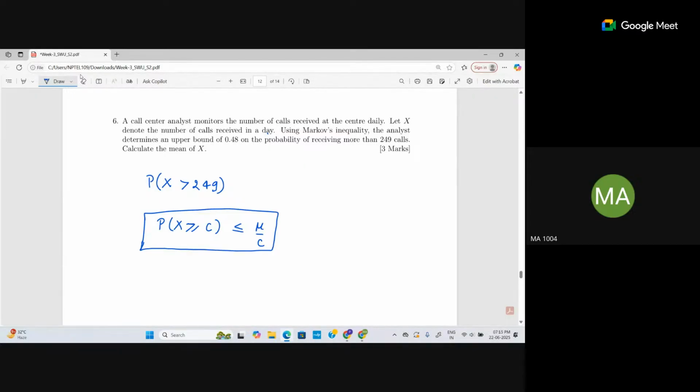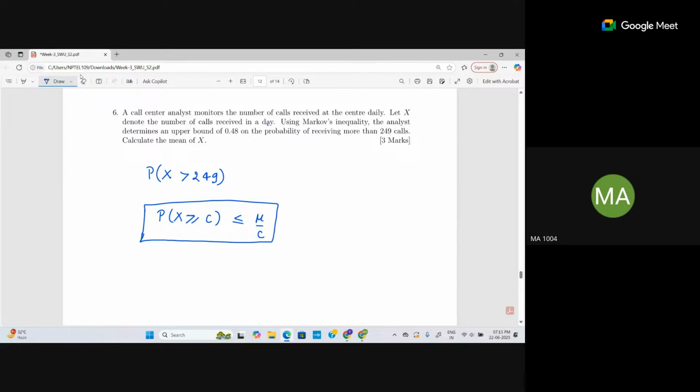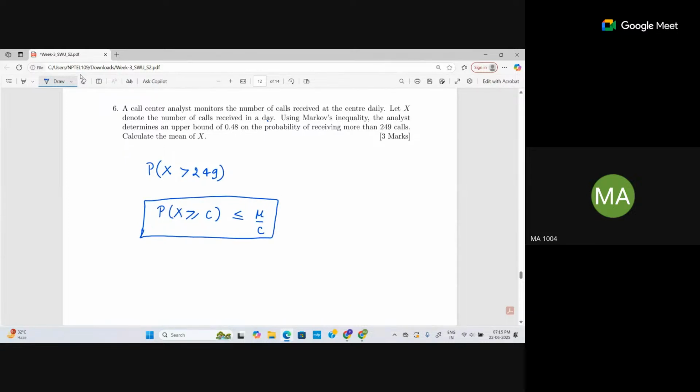And the variable is also a discrete variable. So probability X greater than C and greater than or equal to C might be different. So how can we write it? It is saying more than 249. So we can write that X is greater than or equal to 250. Right? Because it is a discrete variable, we can write it like this.